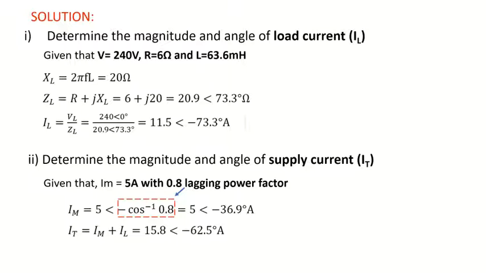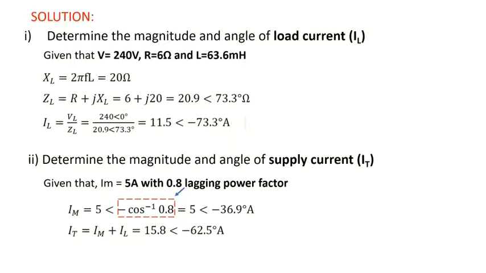The coil load current, IL, in the first branch, from the given V equal to 240 volt, with R equal to 6 ohm and the inductor 63.6 millihenry.